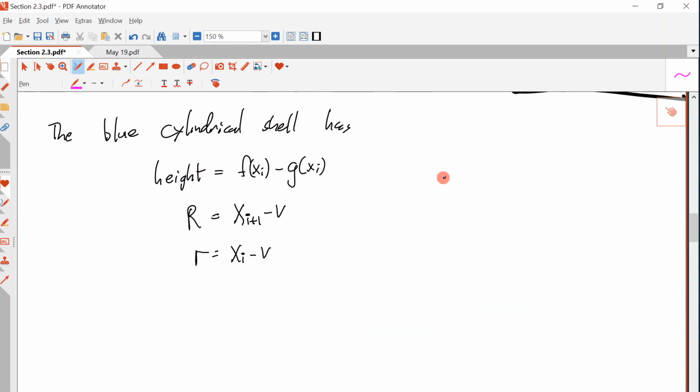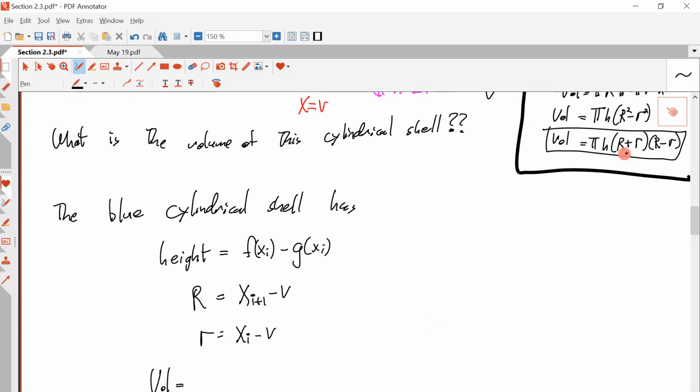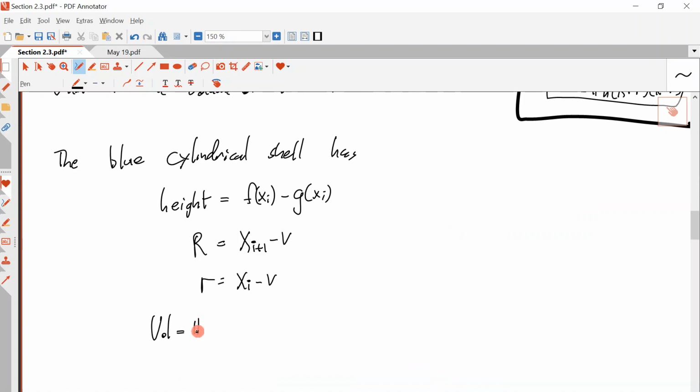All right, so down here, the volume of the shell is equal to this formula right here, pi h times capital R plus little r, times capital R minus little r.